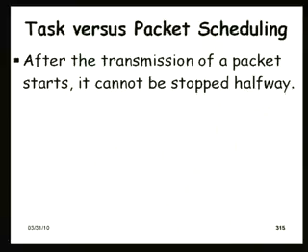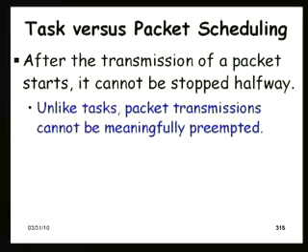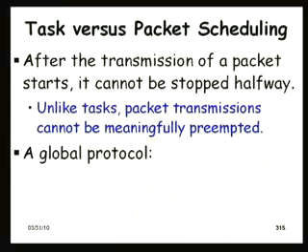One is that we can stop a task when a higher priority task comes, we can preempt it and then restart it later. But what about a packet? Either you transmit it fully or you do not. You can't just stop it halfway and then continue later. Unlike tasks, packet transmissions cannot be meaningfully preempted.